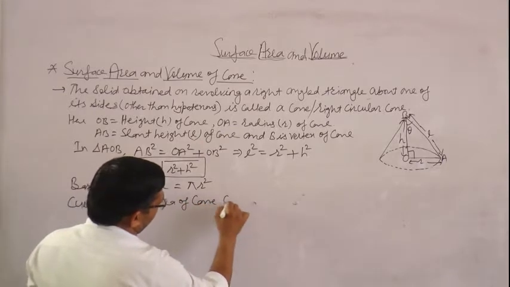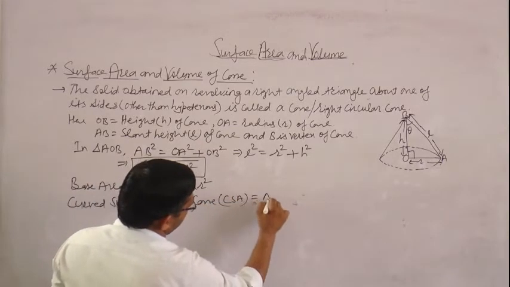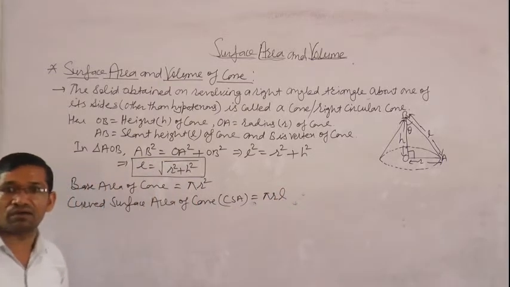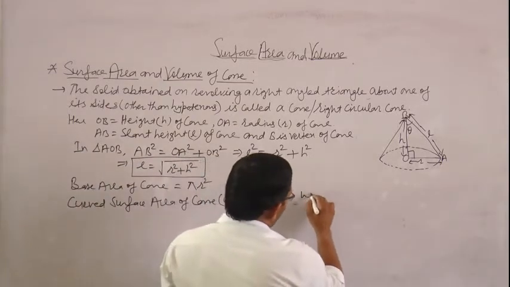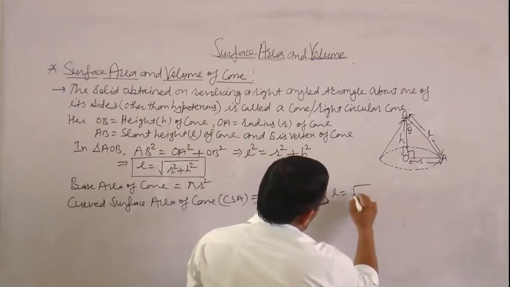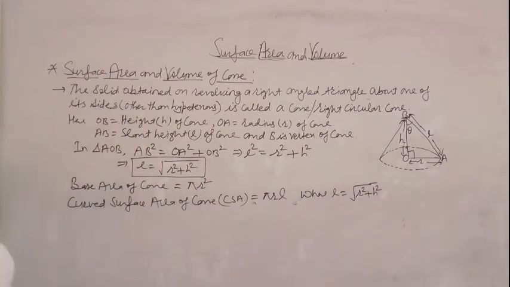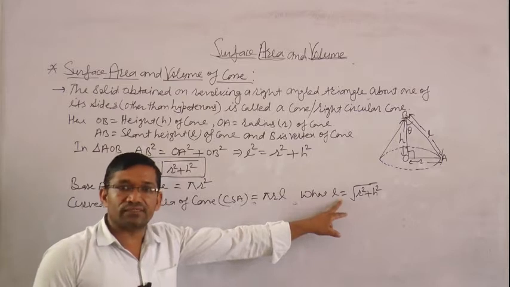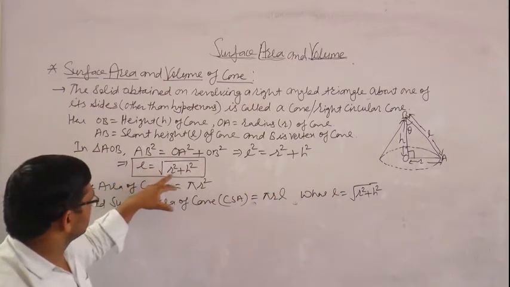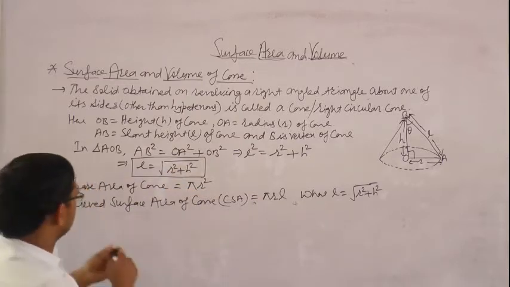Curved surface area of cone, it means CSA, is equal to pi RL, where L is equal to square root of R square plus H square. L is the slant height, and the value of slant height is square root of R square plus H square.